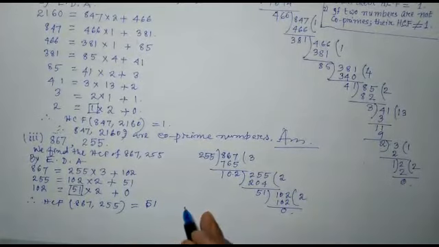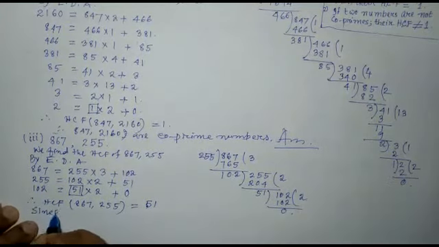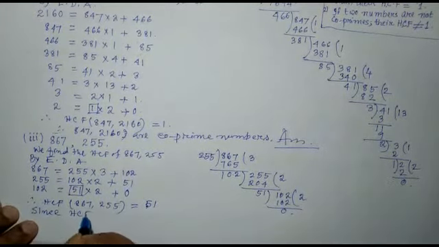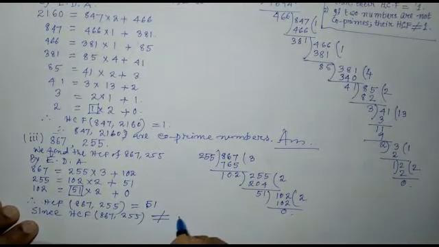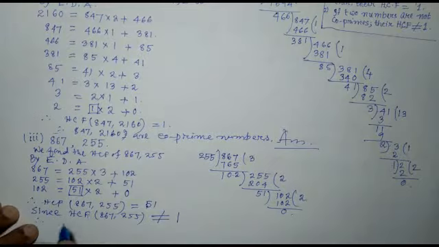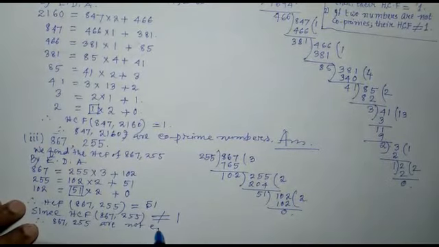So now HCF is 51, that means the HCF is not 1. So since HCF of these two numbers 867, 255 is not equal to 1, that means the two numbers are not co-prime. So we have to write therefore 867 and 255 are not co-prime numbers.